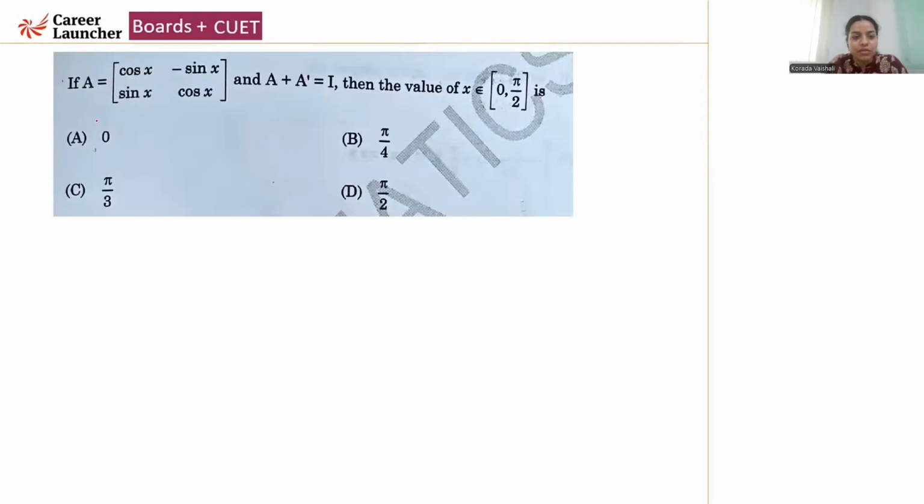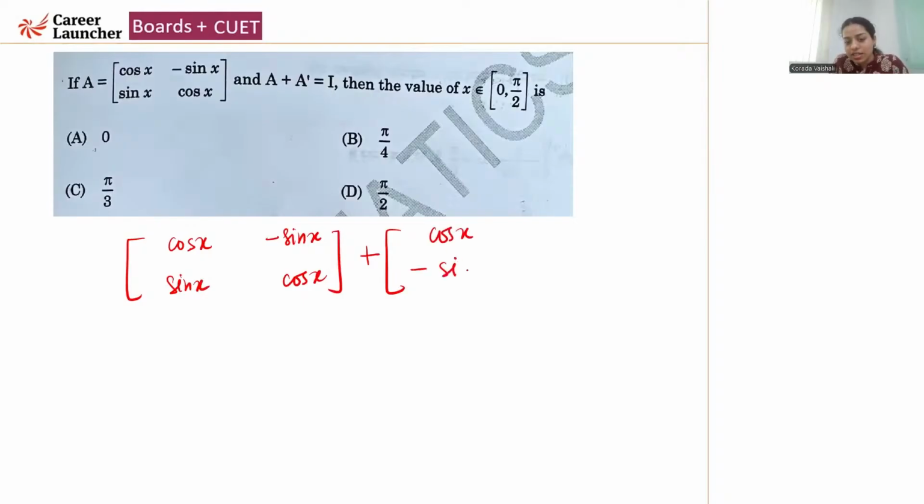Now moving on to question number 4, it says that if A is equal to this matrix, then the sum of A and A transpose is equal to the identity matrix. So let's calculate: cos x, minus sin x, and cos x. Now I'm adding the transpose of these two matrices. So cos x, minus sin x, and this is going to be sin x and cos x.